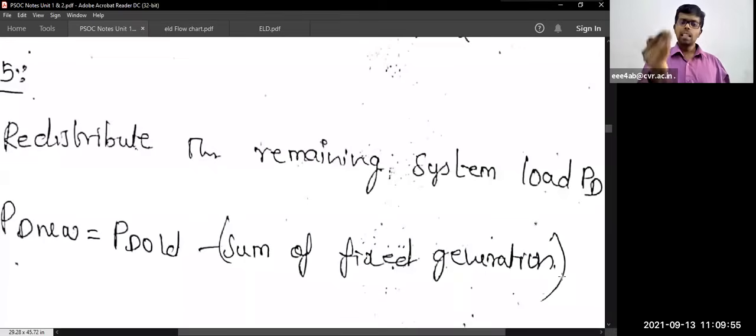And another one in that same problem, the third generating unit, was violating its minimum operating limit. So we fixed that value to its minimum operating limit, 50 megawatt.